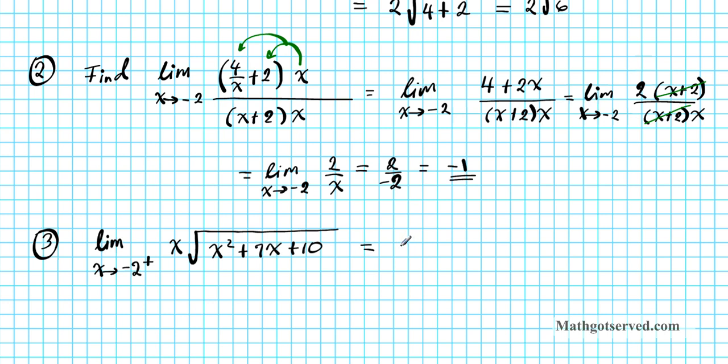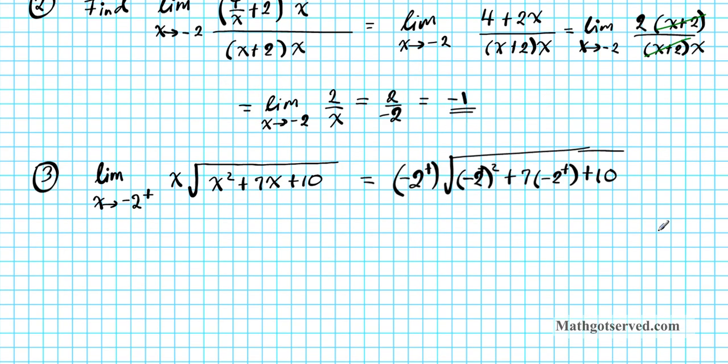We're going to have, by substitution, -2 from the right times the square root of (-2 from the right) squared plus 7 times -2 from the right plus 10. Let's simplify this.